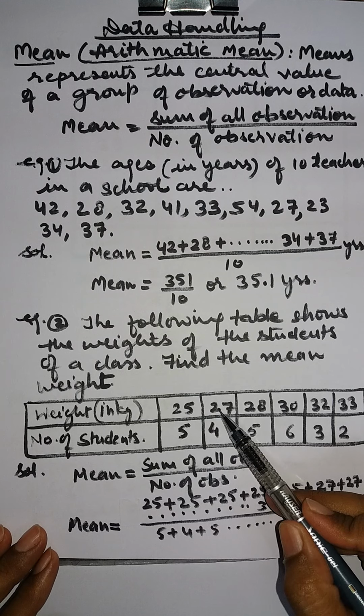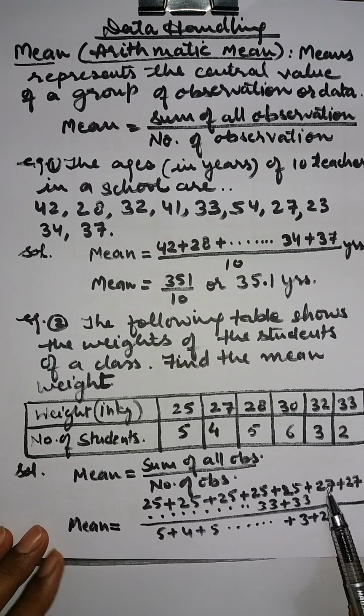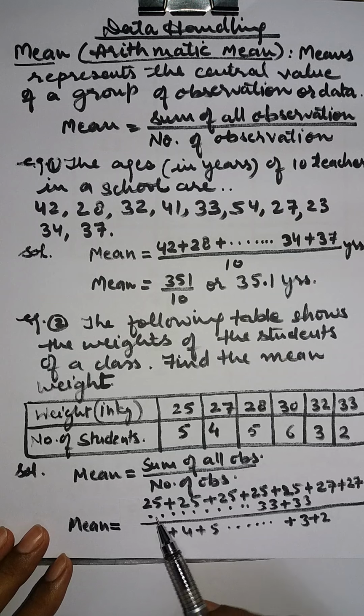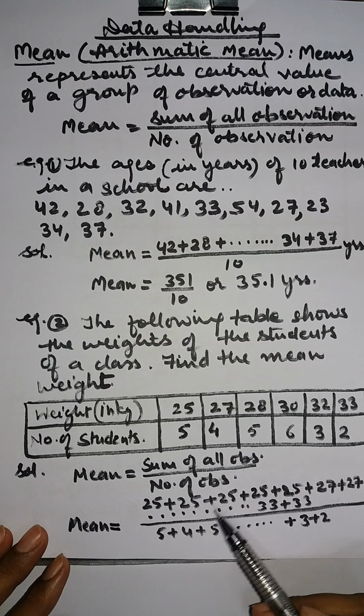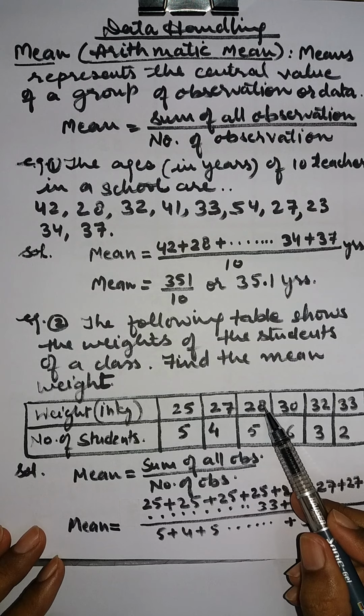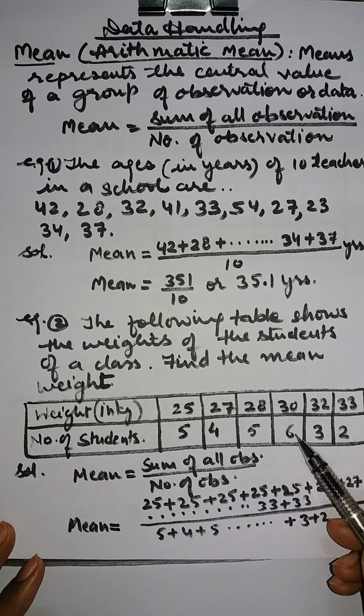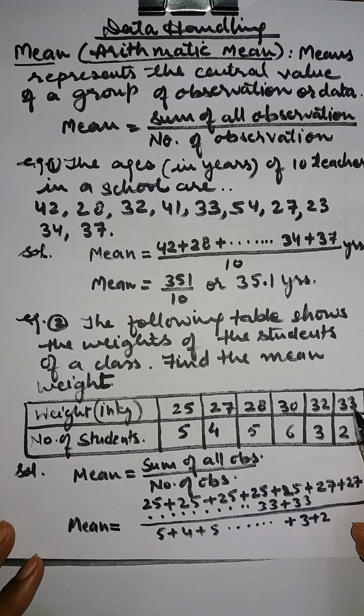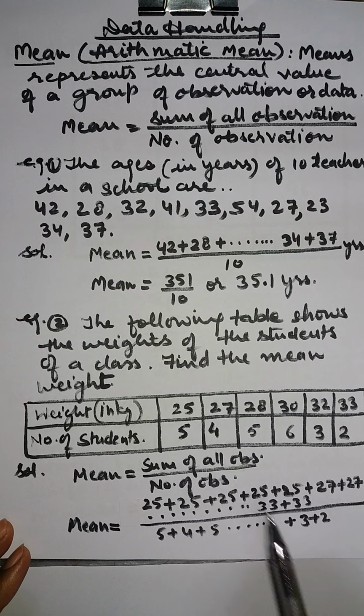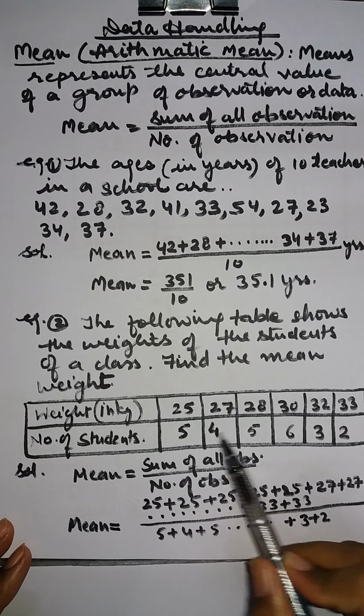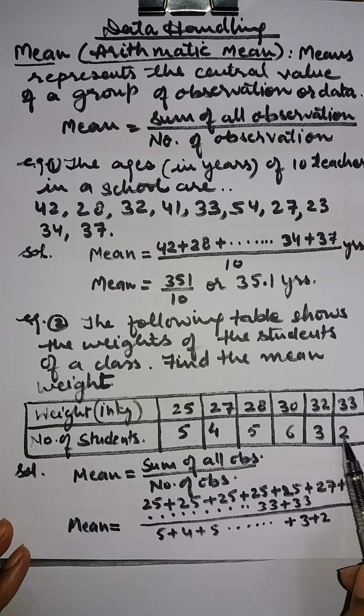We have to add 27 for 4 times, similarly 28 for 5 times, 30 for 6 times, 32 for 3 times, 33 for 2 times, and then we divide it by 5 plus 4 plus 5 plus 6 plus 3 plus 2. This is the total number of observations. So we divide it by that.